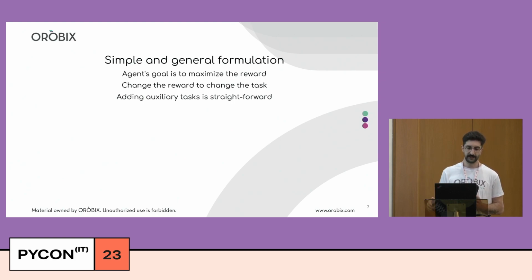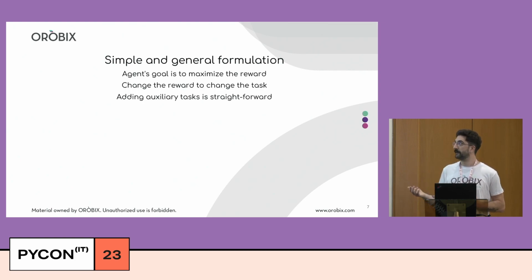and that's the only learning signal that the agent needs. And if you want to change the task, it's super simple, because you only have to change the reward, right? So you can train an agent to be perfect at beating an opponent, giving, I don't know, a +1 reward if it wins the game and a -1 if it loses.